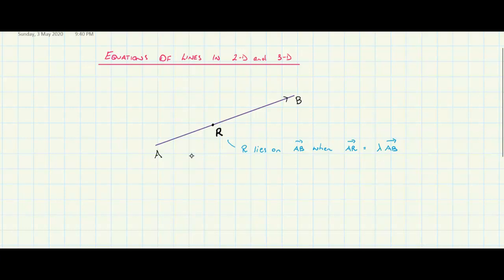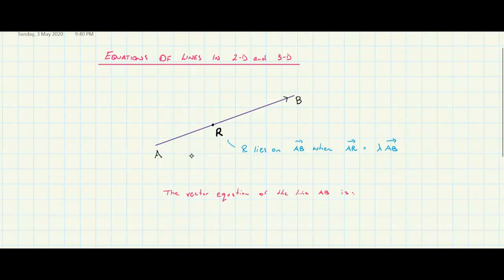Now we're going to get straight into it by announcing that the vector equation of the line AB is, okay, here we go.